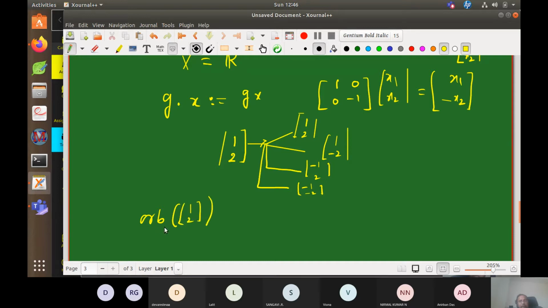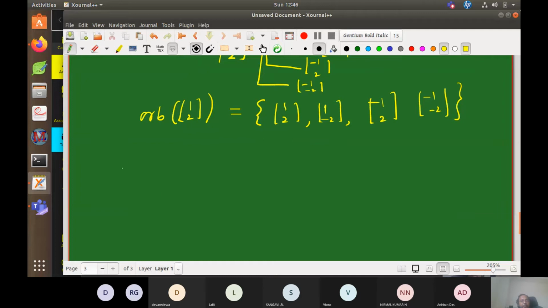So the orbit of an element x is equal to this set: (1, 2), (1, -2), (-1, 2), (-1, -2). So orbits are defined for which elements?